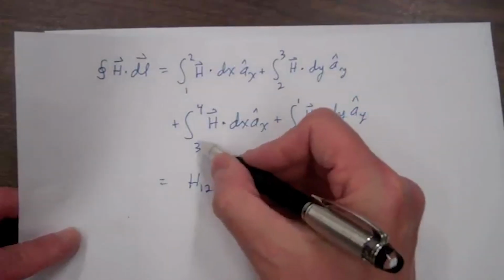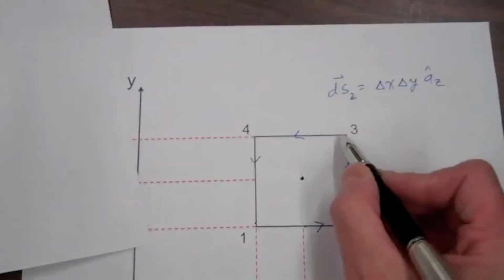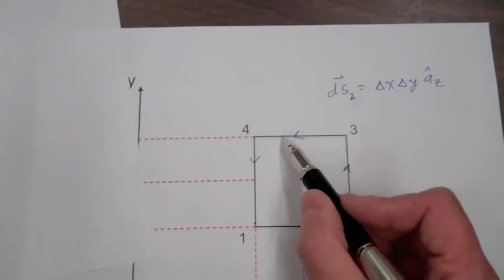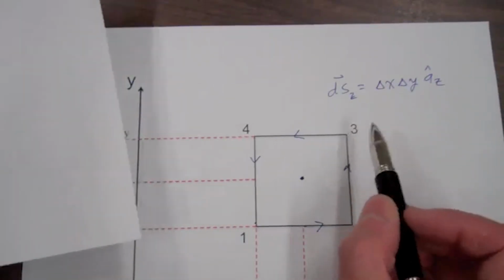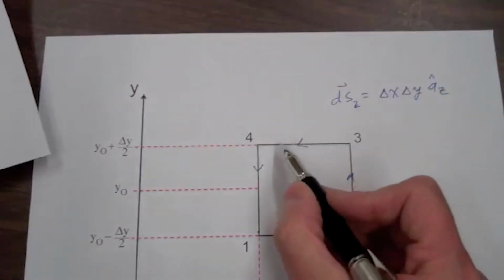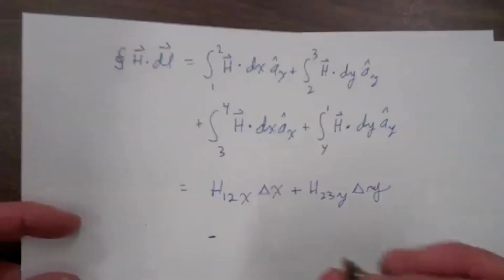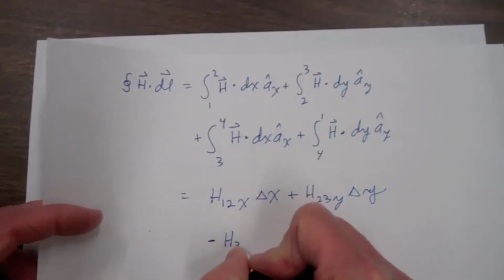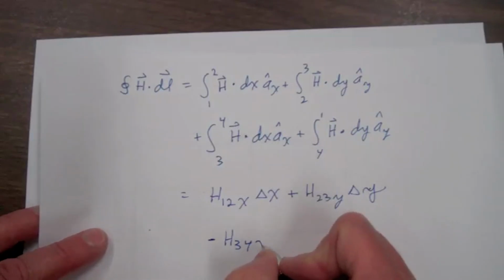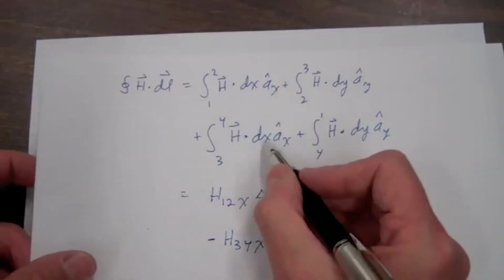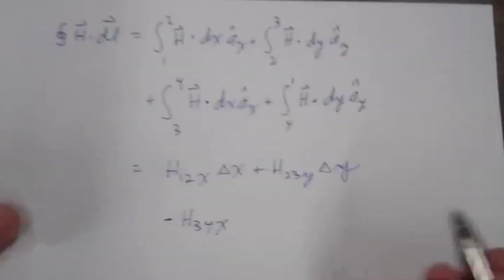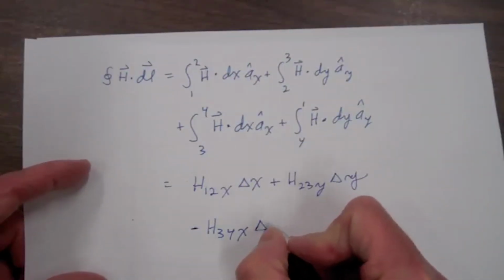So when we integrate from 3 to 4, we're now integrating in the opposite direction of our d sub l, so we're going to end up with a minus sign. We're going to have the value of H along line segment 3 to 4. And since we're dotting with a sub x, we'll get the x component. And so then we're integrating dx along 3 to 4. We'll just get the length delta x.